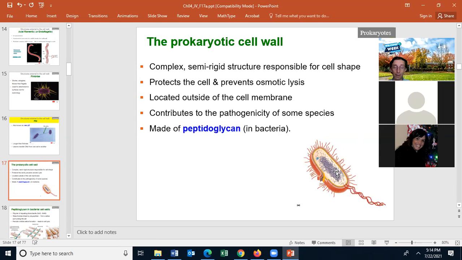Without a cell wall, water can move into the cell, and the cytoplasm would then expand as more water moved into the cell. Eventually, depending on what environment the cell's in, in a hypotonic environment, water will move in until the cytoplasm will literally burst.